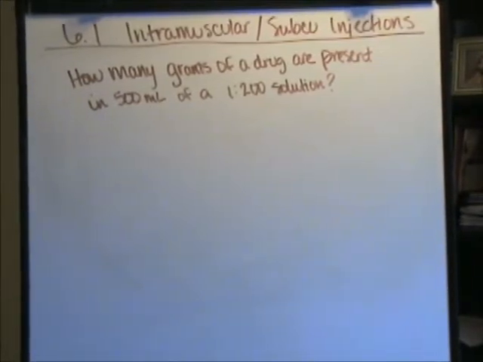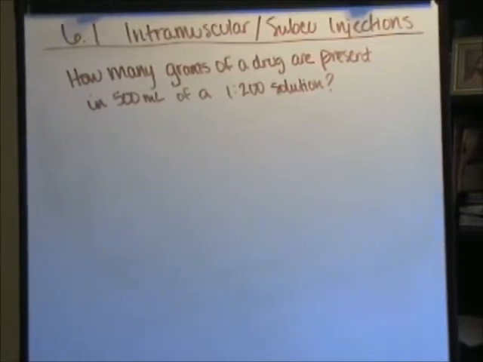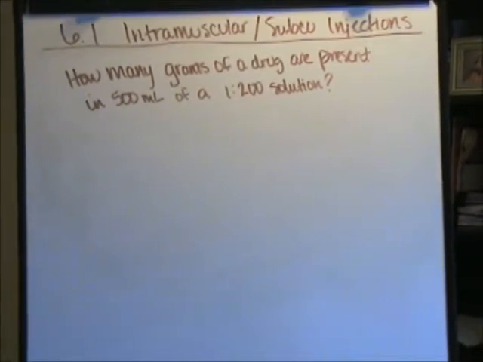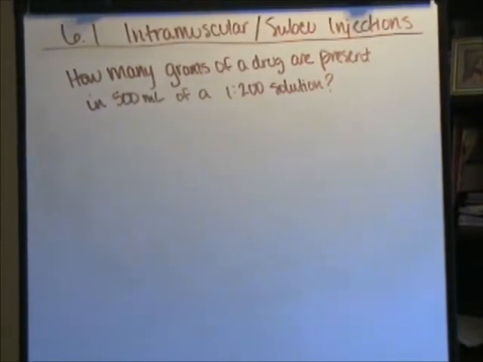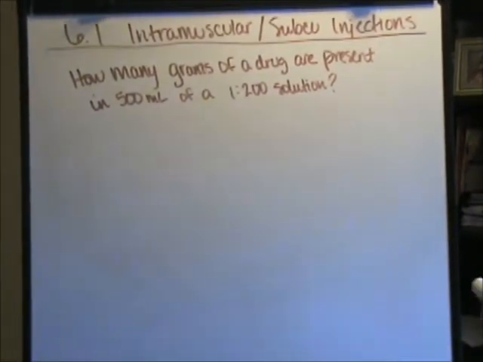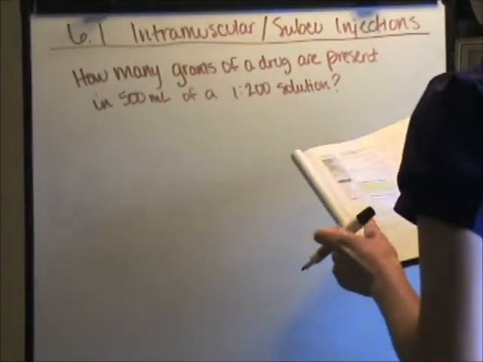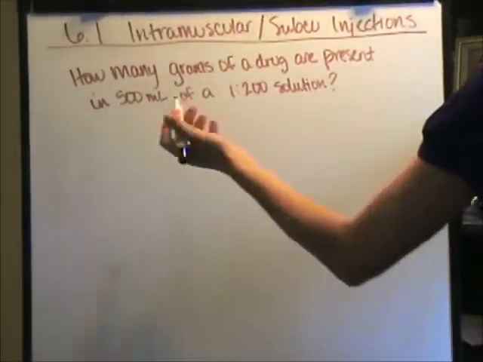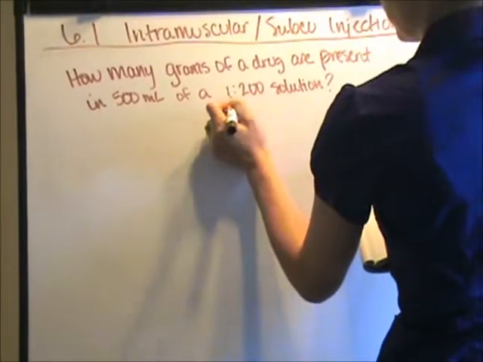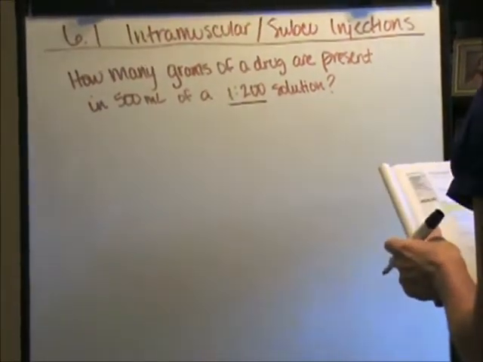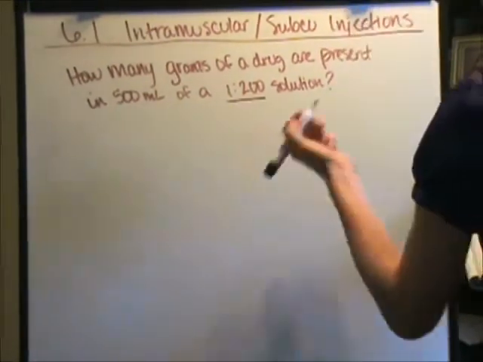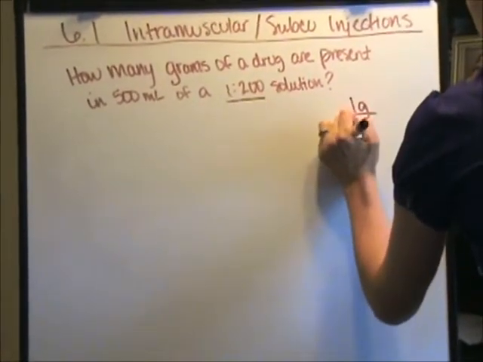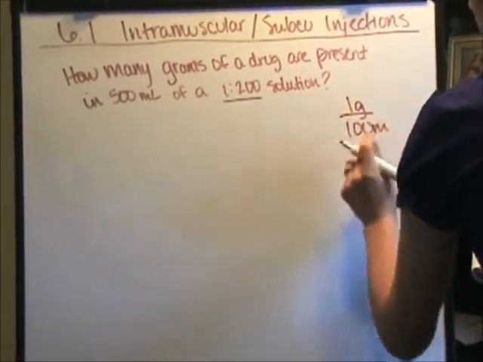If you open your book to page 149, we're going to look at example 6.1.7 so you can follow along. And as we can see, how many grams of a drug are present in 500 milliliters of a 1/200th solution? So, what we had just talked about, the 1/100th solution would be written as 1 gram per 100 milliliters.